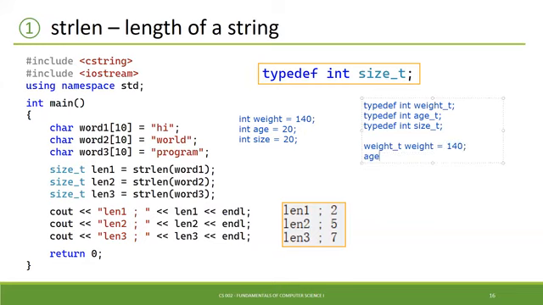Instead of int, age_t age 20. And maybe instead of integer, size_t s1, s2, s3. Okay, guys, look at this one. See, there is no data type weight_t, right?